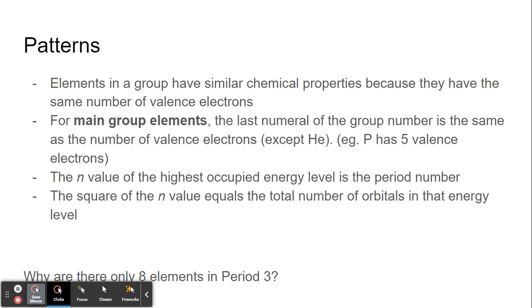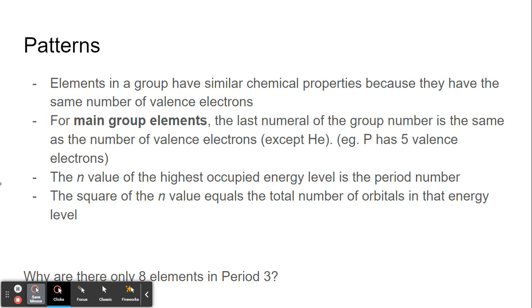Then the n value of the highest occupied energy level is the same as the period number. For example, tungsten, its highest occupied energy level or number was 6, so it's in period 6. Then the square of the n value equals the total number of orbitals in that energy level.